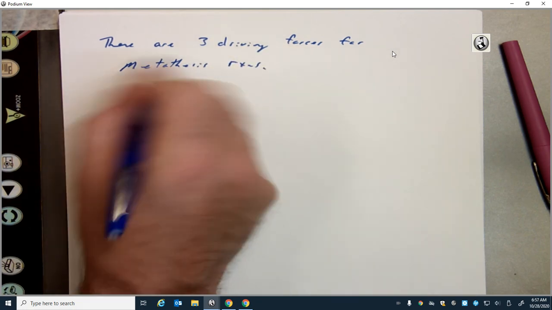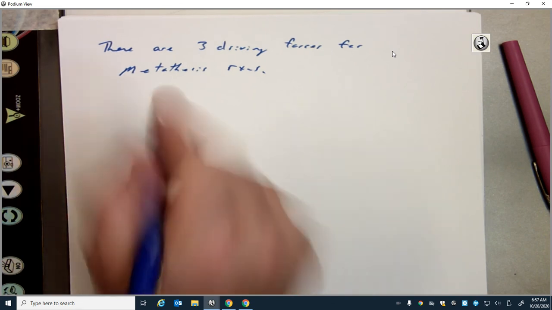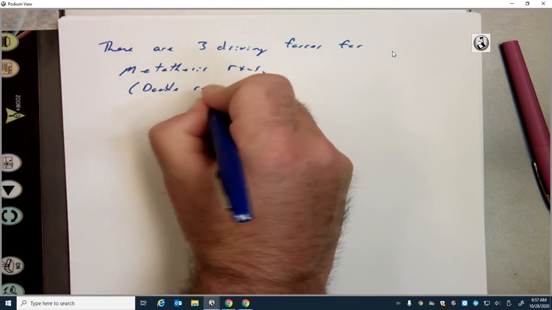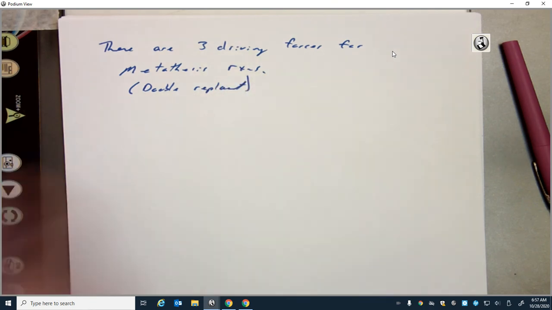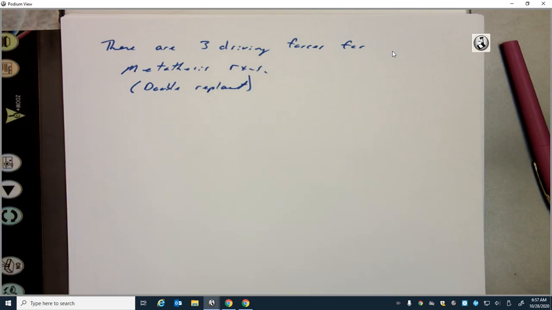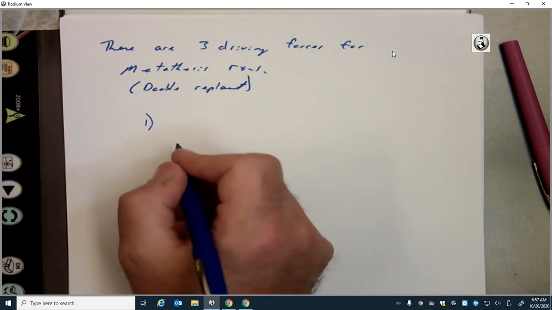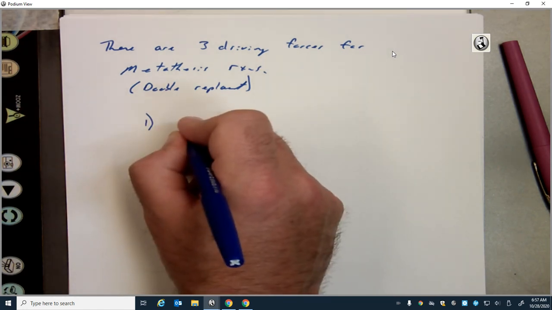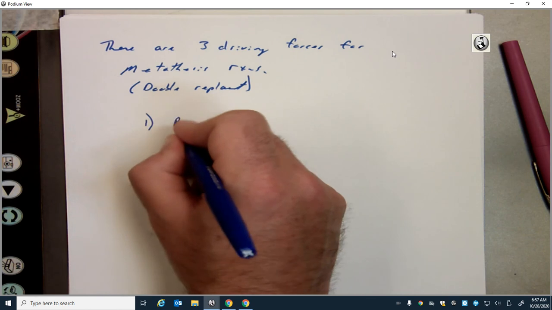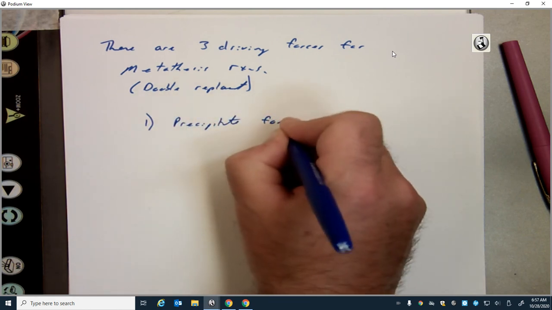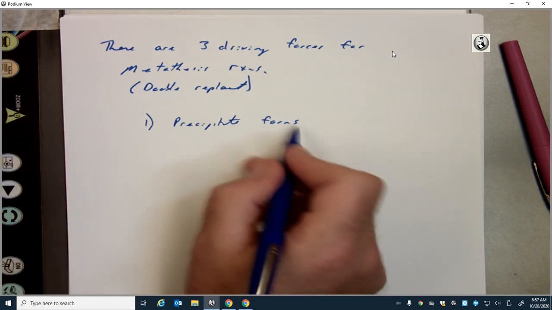And I haven't used this term before, but it's just another term for double replacement. So we said, when we first talked about double replacements, we know that the reaction is going to happen if a precipitate forms. Okay, we've already done that one.